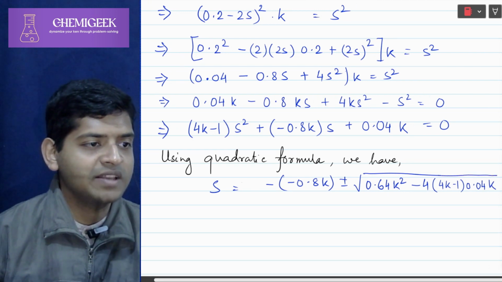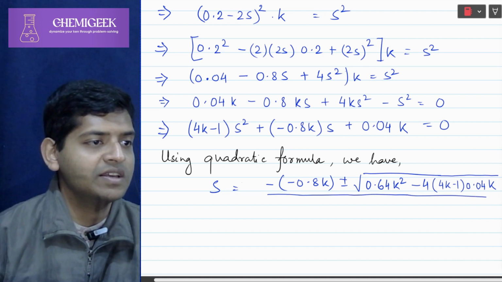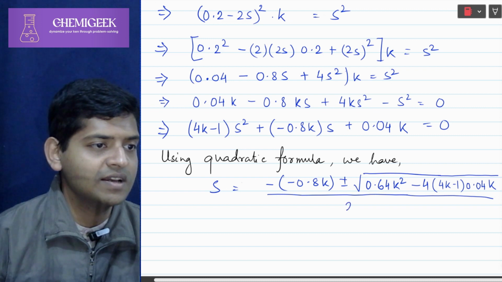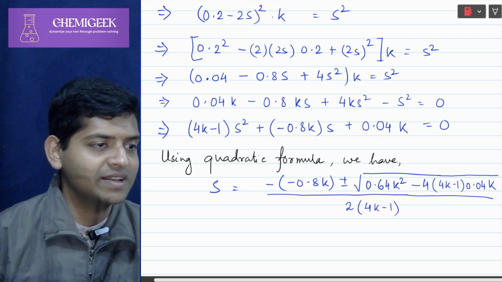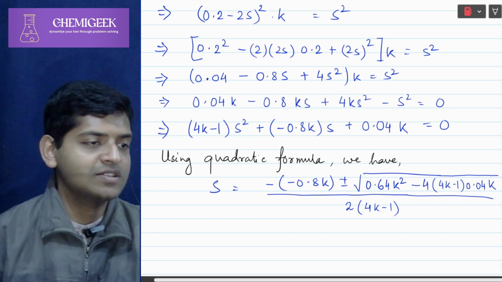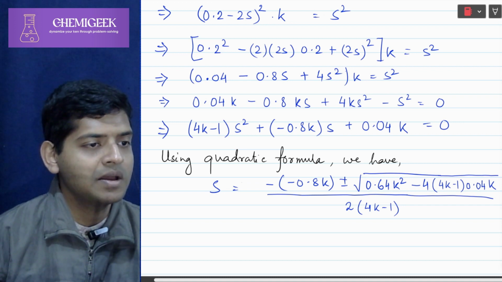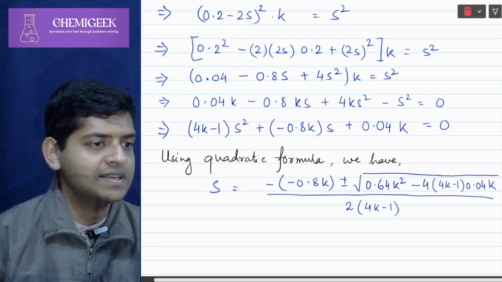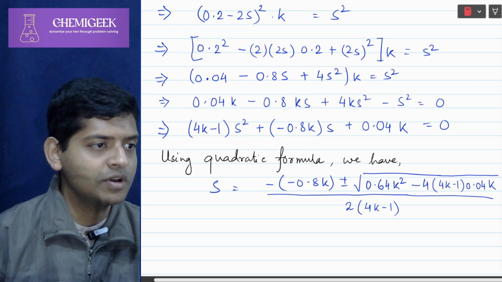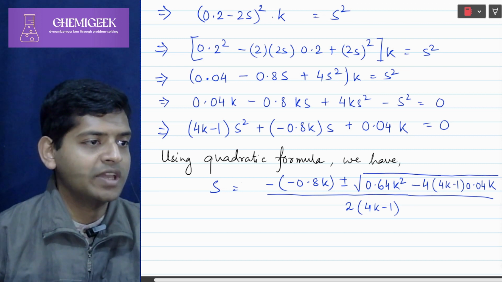So how does this come? This comes as minus B plus minus root over B square minus 4AC. So what is B? B here is minus 0.8K, so if we square it, it is K square into 0.64. So 0.64K square is B square minus 4AC. Now in 4AC, C is 0.04 multiplied by A, which is 4K minus 1.